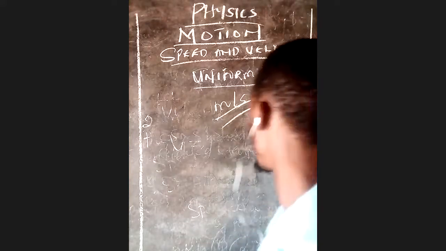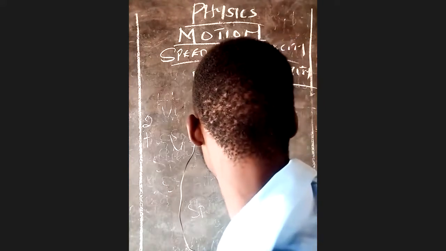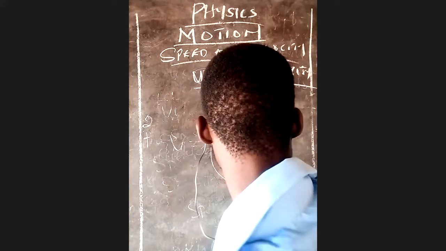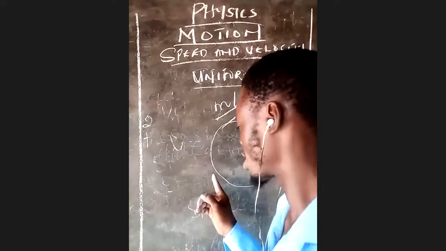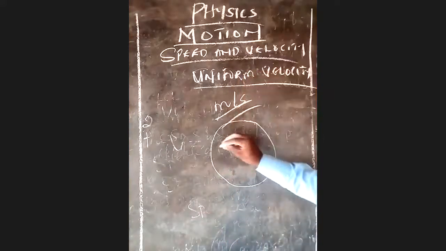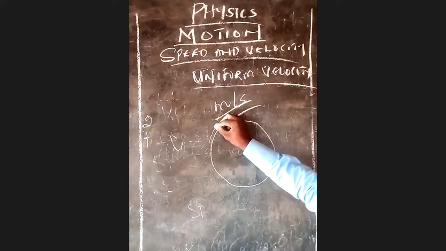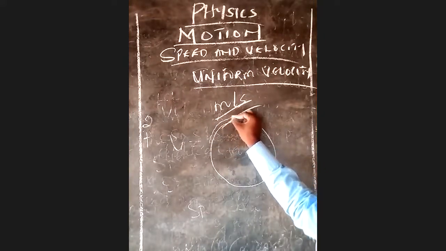So when the body moves around the circular path at a constant speed, the velocity of motion is constantly changing. The reason is because the direction of motion is constantly changing. When the body is moving around in a circular pattern, the direction of it will be changing.